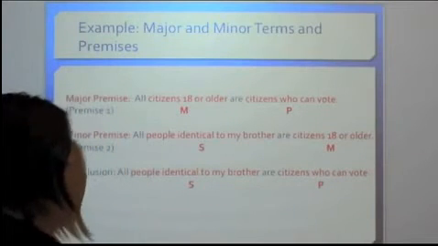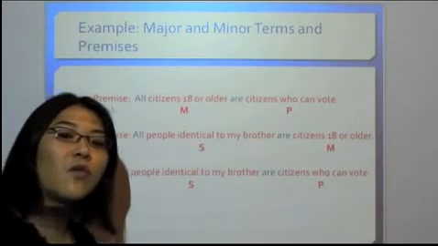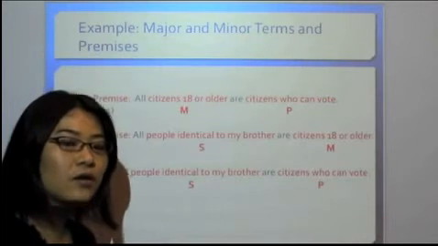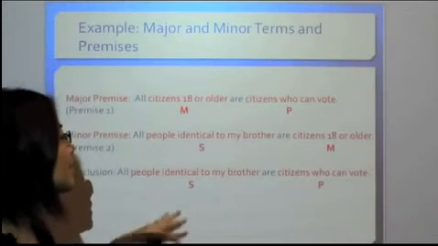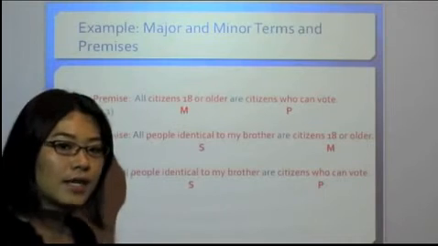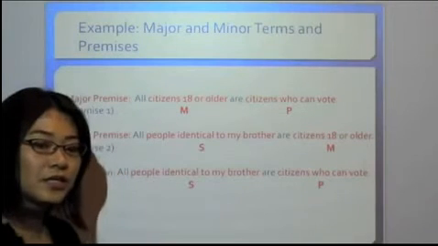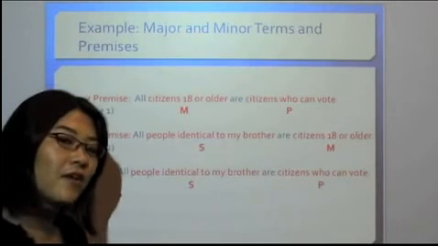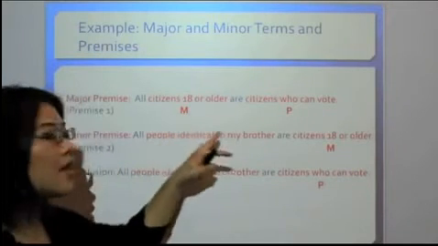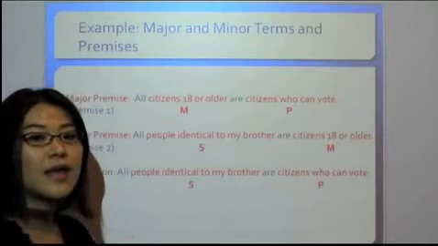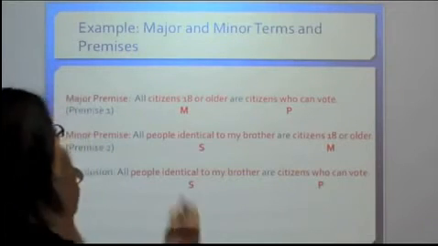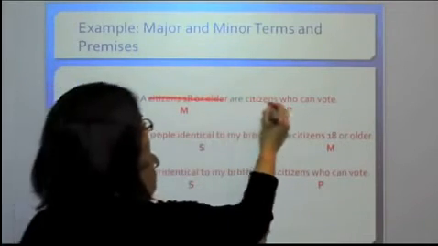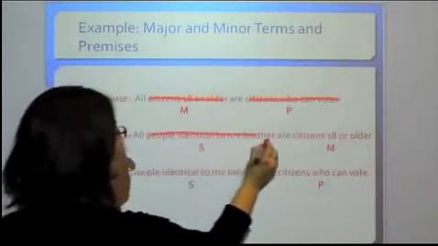So when we want to determine what the form or simply the structure or pattern that the argument takes, we simply take the content out, okay? So the information that's actually contained in each of the statements, okay? And we leave the variables, so the S's and the M's and the P's, to represent that information that we've taken out, okay?